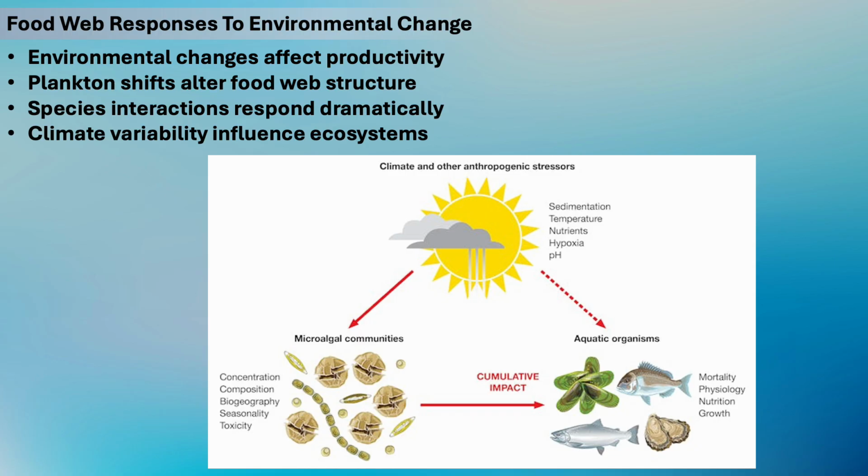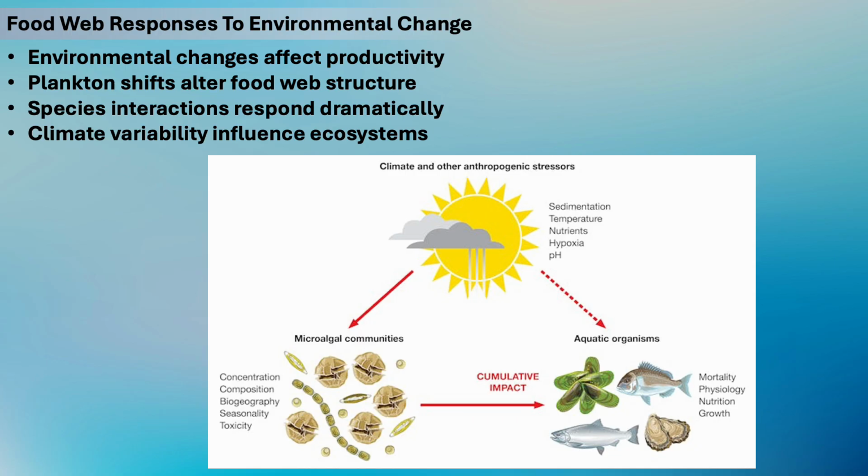For example, changes in nutrient availability may alter the abundance of phytoplankton species. If phytoplankton populations increase, zooplankton populations may also increase because food becomes more abundant. In turn, fish and other predators that depend on zooplankton may experience population increases.